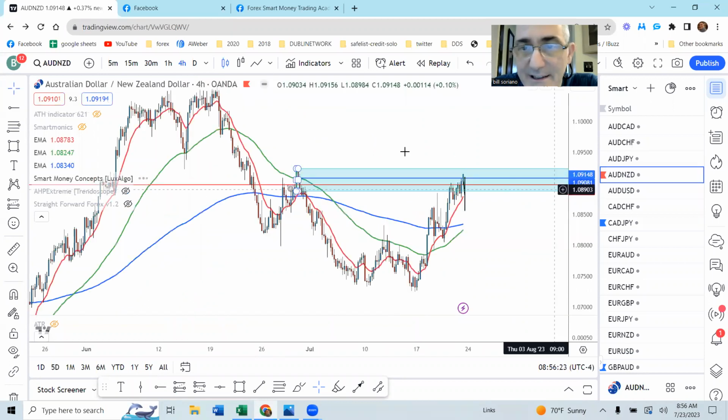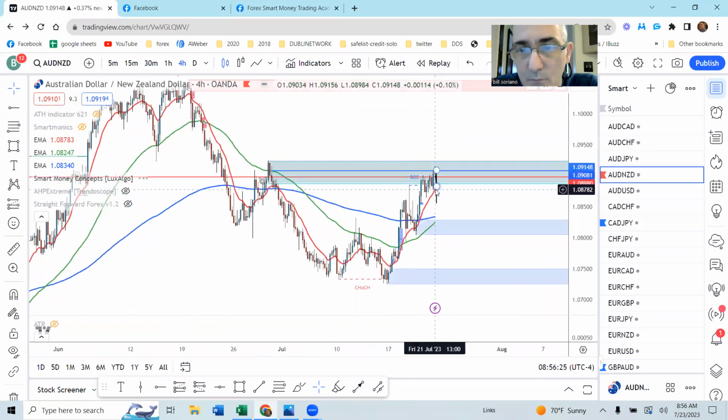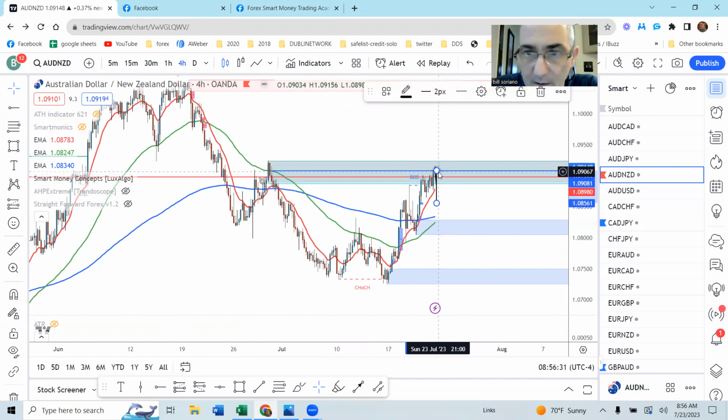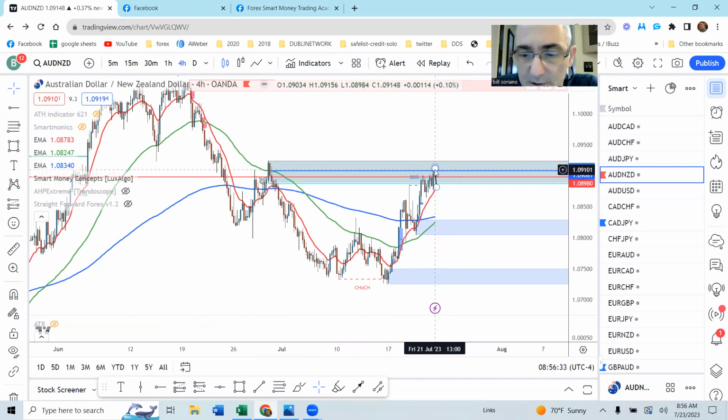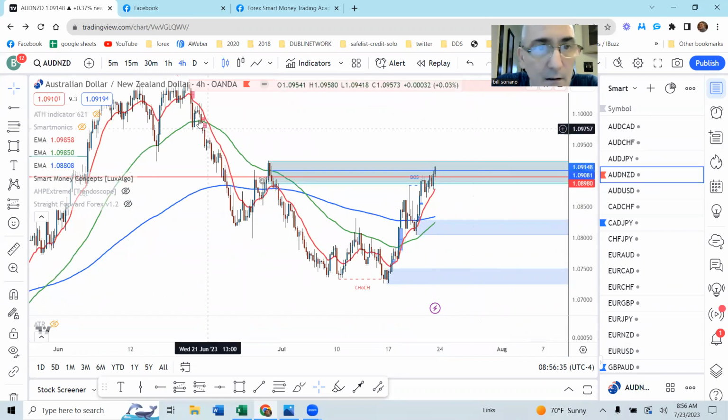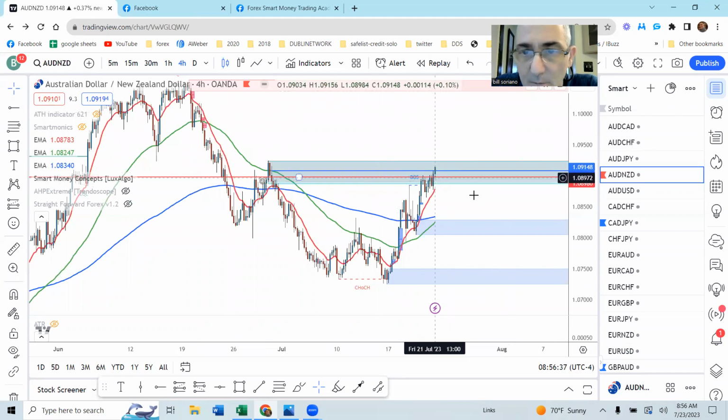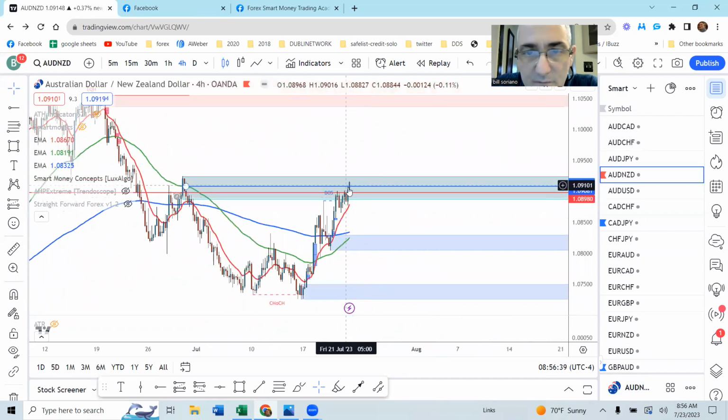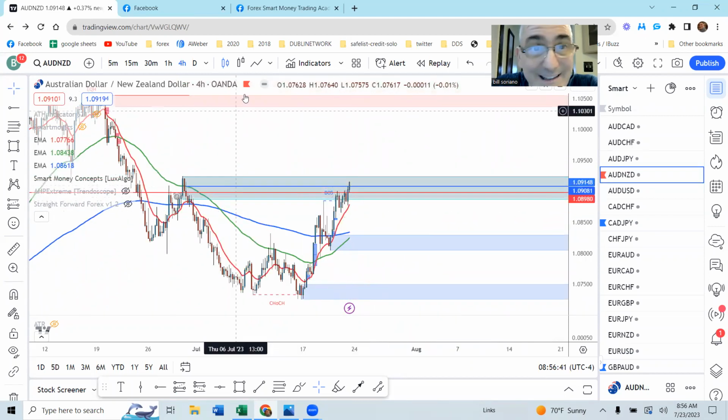AUD, NZD. Now this one, we went over this yesterday. So this one we currently have marked up. Price has hit our point of interest, right? Our point of interest alert was hit here.